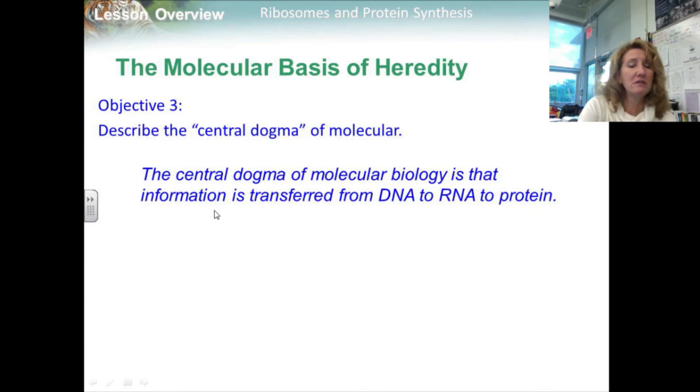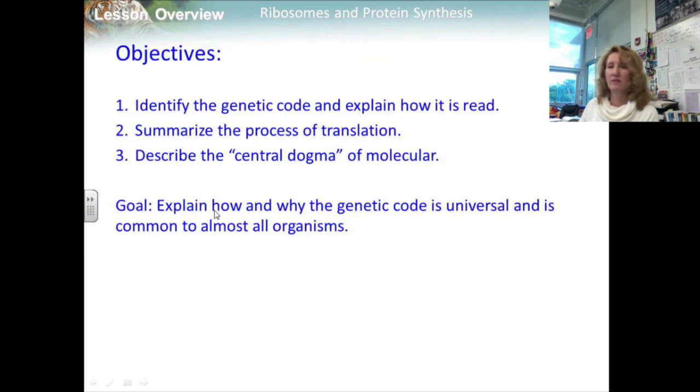Our objective 3 was to be able to describe the central dogma of molecular biology. So the central dogma is that information is transferred from our DNA to RNA and then to proteins, which go and carry out their work, many times as enzymes.